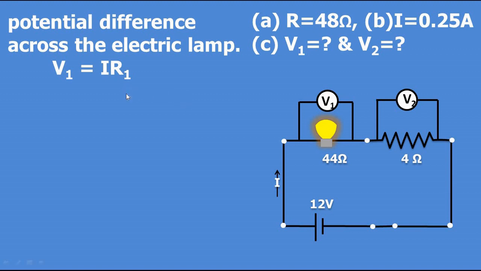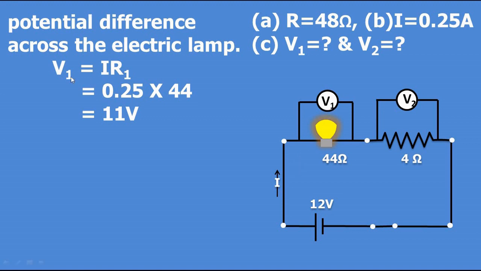I is already calculated here, 0.25, and R1 is also given. We simply put the values here, 0.25 into 44, which is equal to 11 volt. 11 volt is the potential difference across the electric lamp.